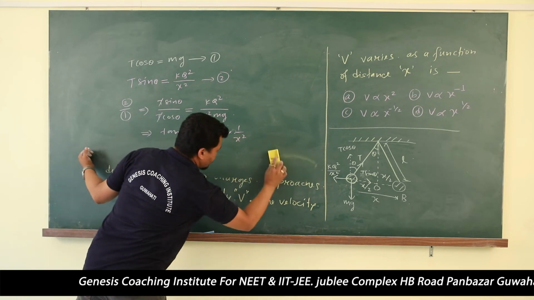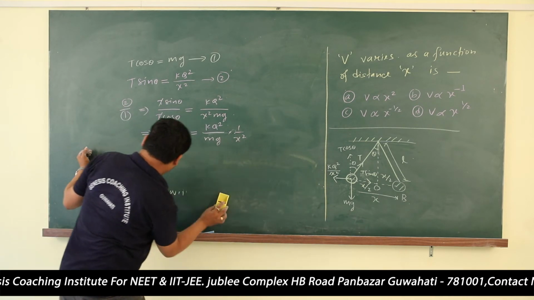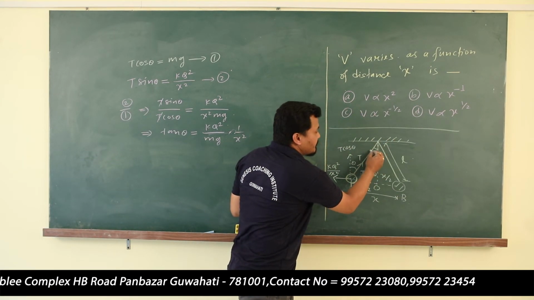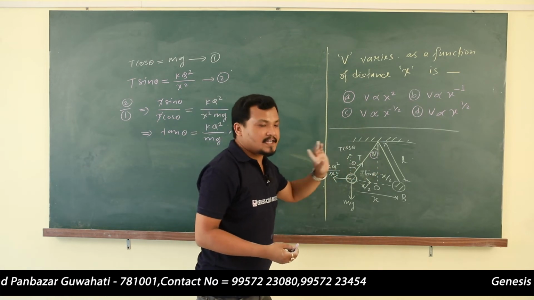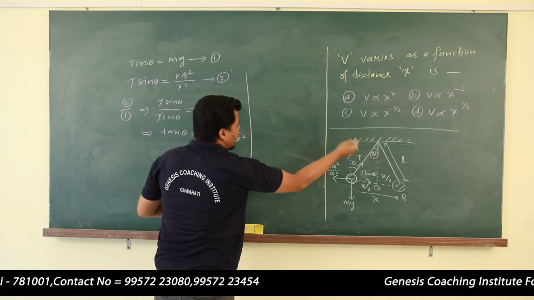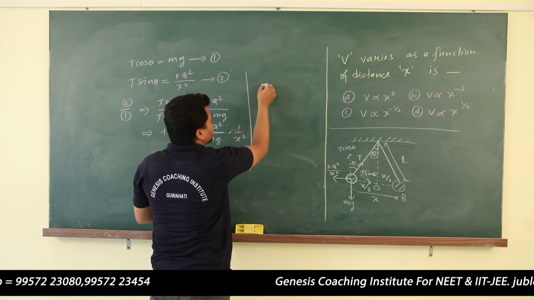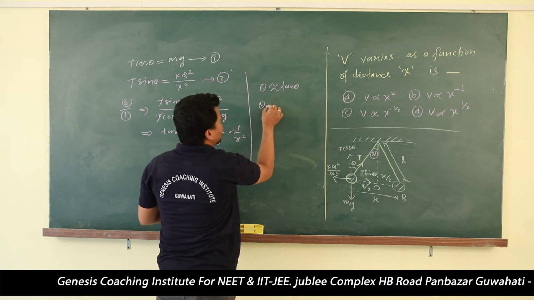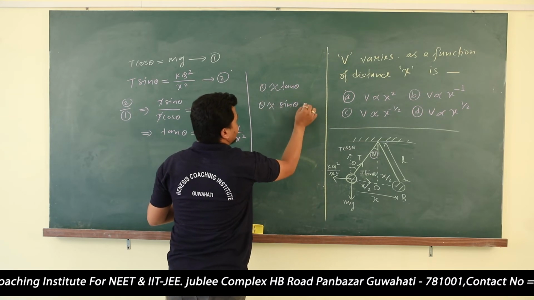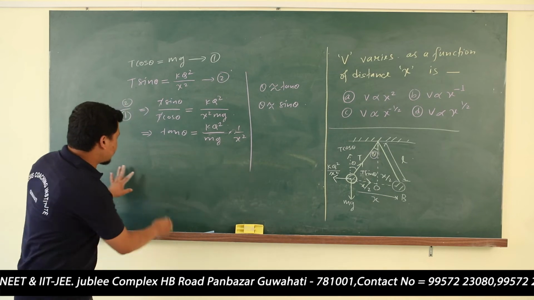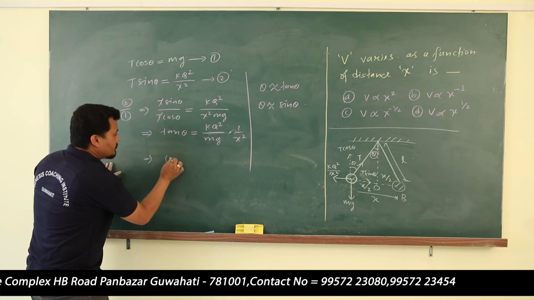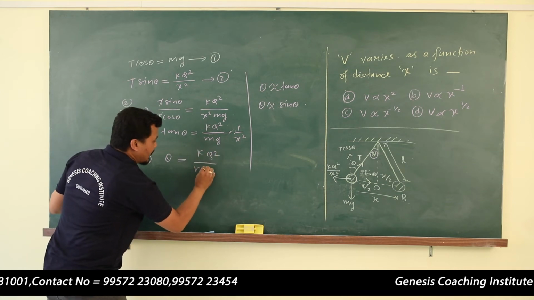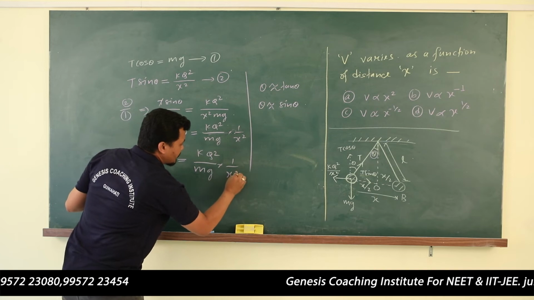From the figure, theta is a very small angle, so theta is almost equal to tan theta and almost equal to sin theta. That means tan theta equals theta, which equals k into q square by mg into 1 by x square.